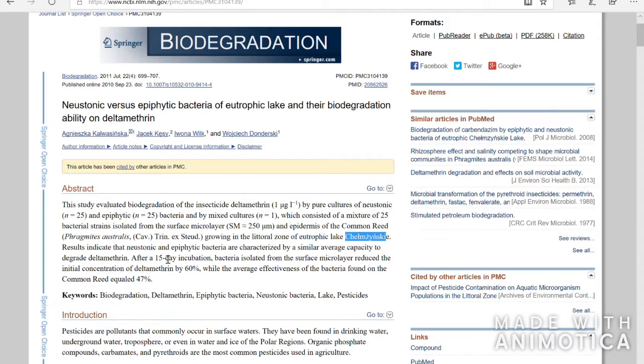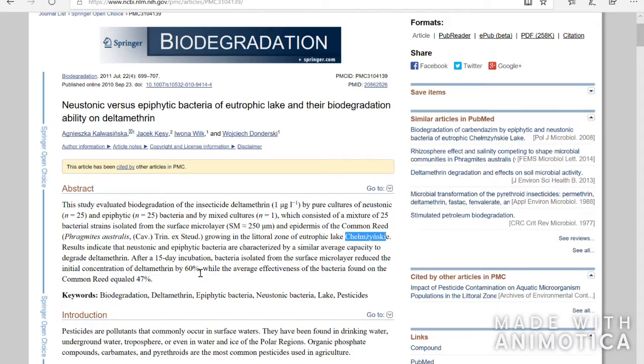And they did a 15-day incubation in, I guess, water collected from that lake or simulated to sort of represent that lake, and they found that it reduced the concentration of deltamethrin by 60%.